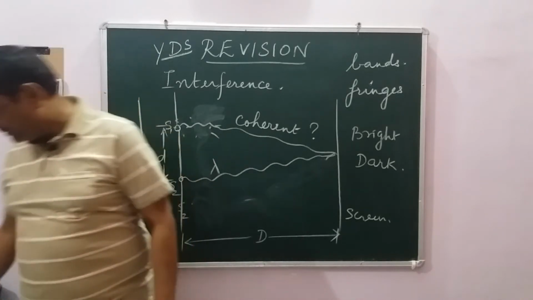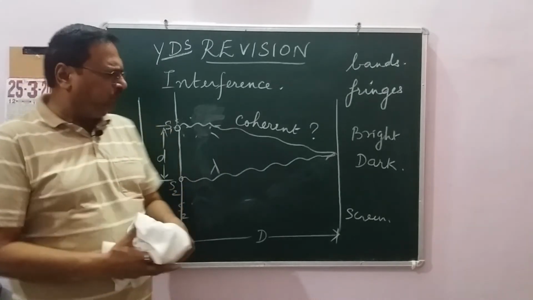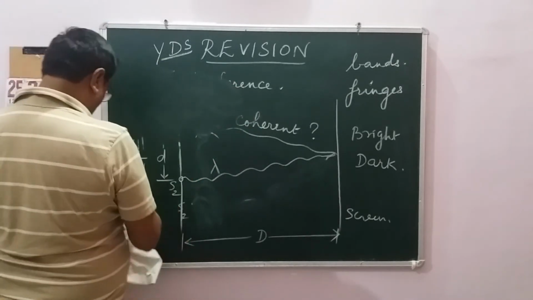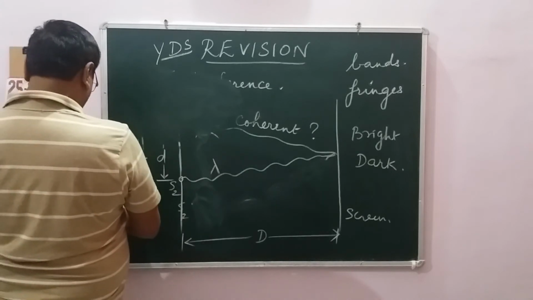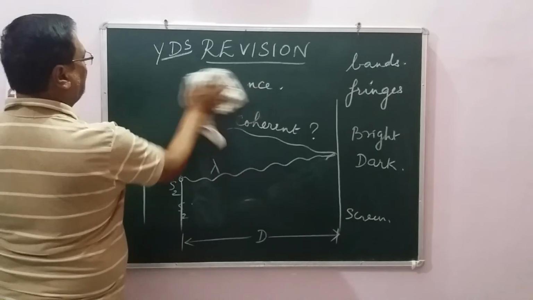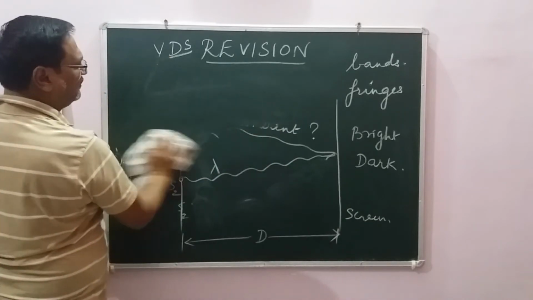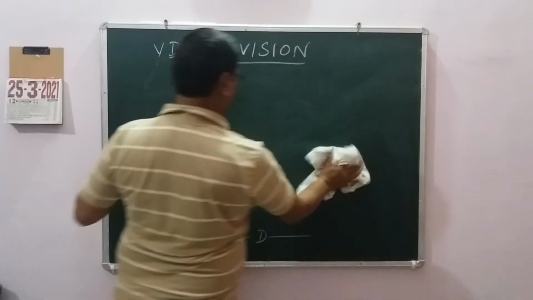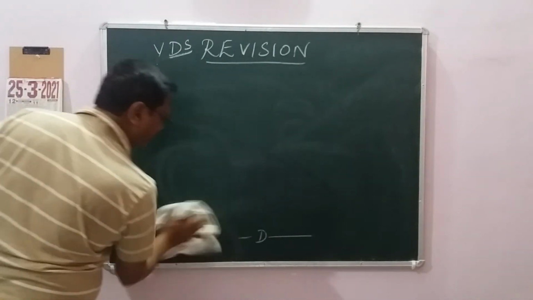Keep this in mind. With this I am going to tell you how the interference is going to give you either a dark band or a bright band. What is the condition for it?